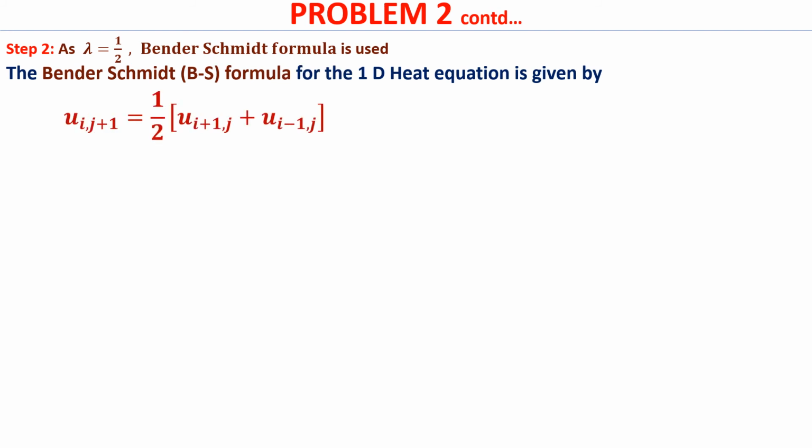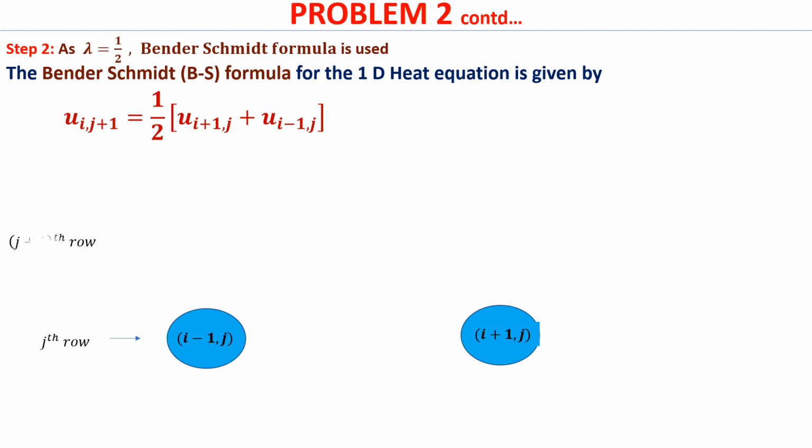Let's move on to step 2. As we have chosen lambda to be half, we are using the BS formula, and let us write the formula first and then let us draw it. As we explained earlier, we take the jth row first, mention 2 points, the corner points, left and right, and then the j plus 1th row.